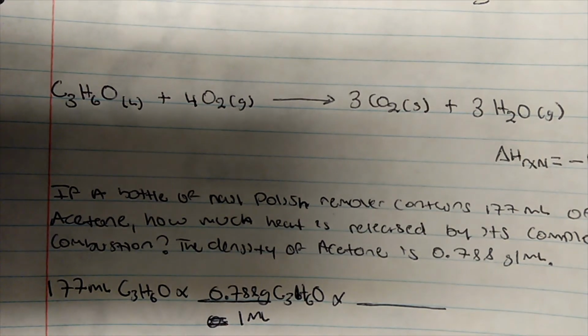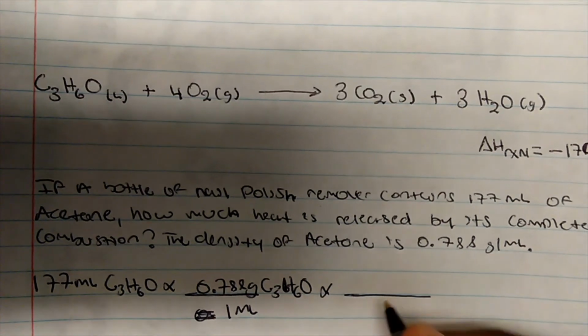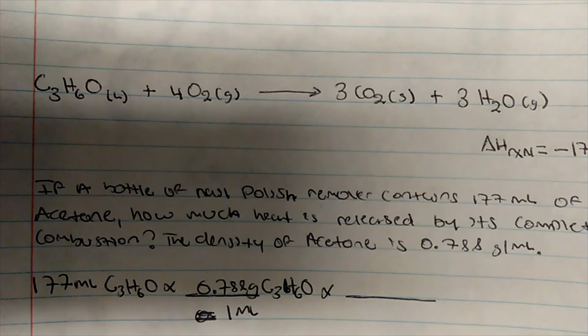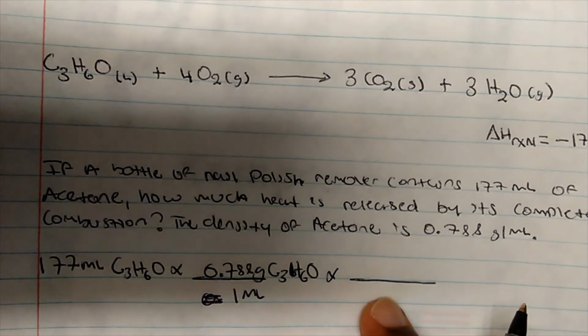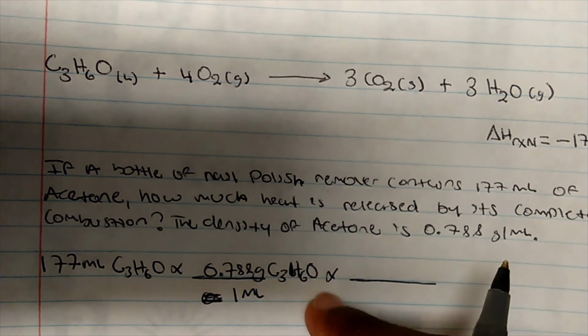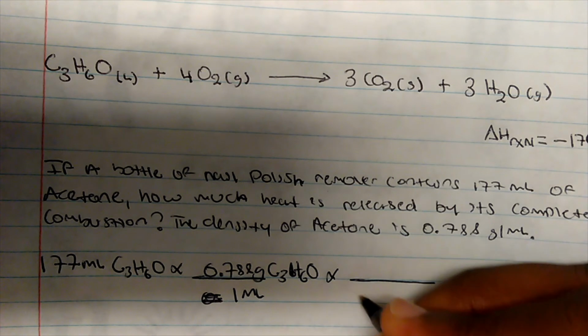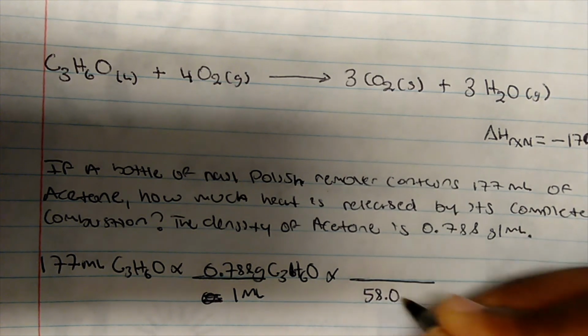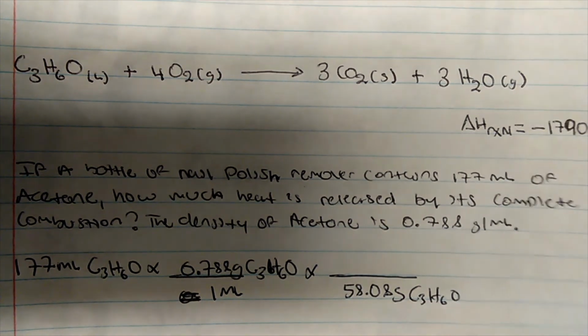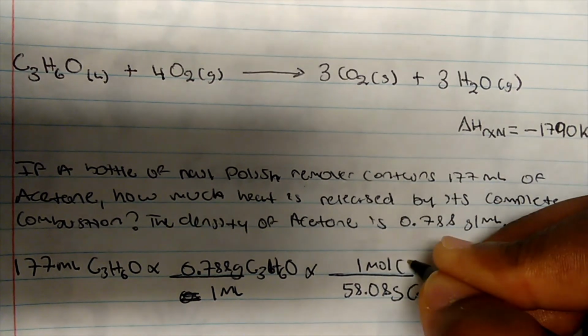How much heat is being released? Again, I need the molar mass of acetone because I need to somehow get to moles. If I calculate the molar mass, 3 times 12 plus 6 plus 16 should give me about 58.08 grams of acetone for every 1 mole of acetone.